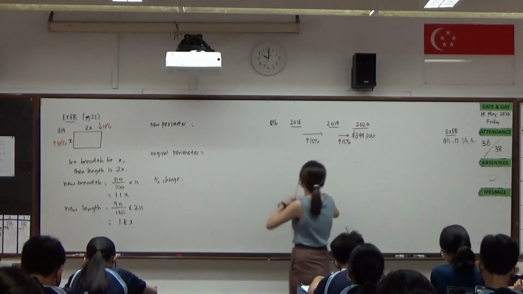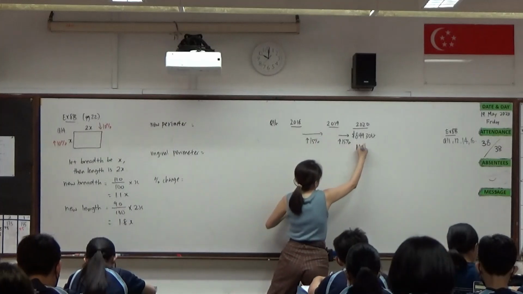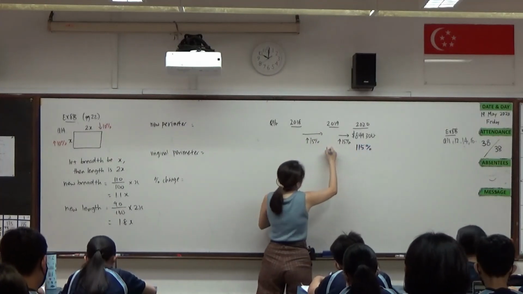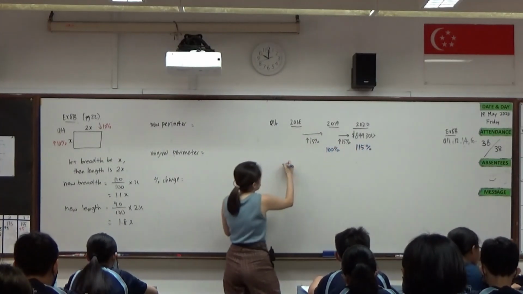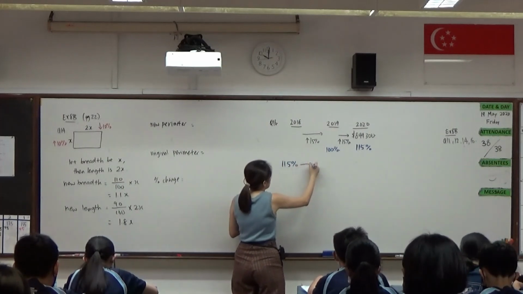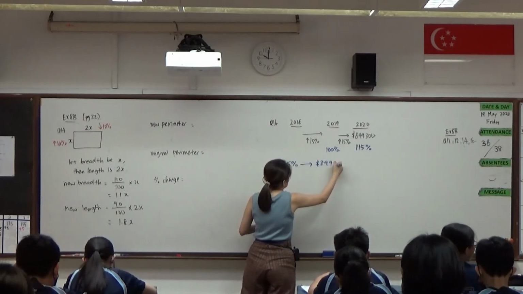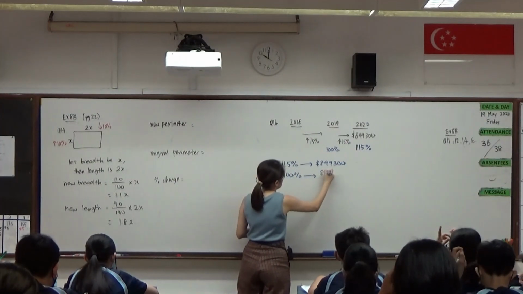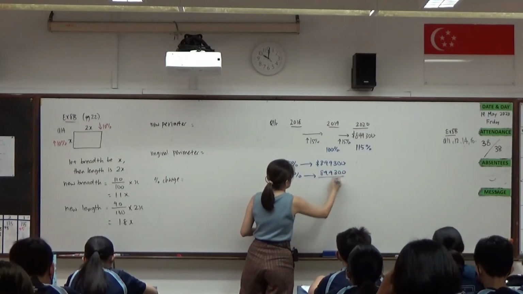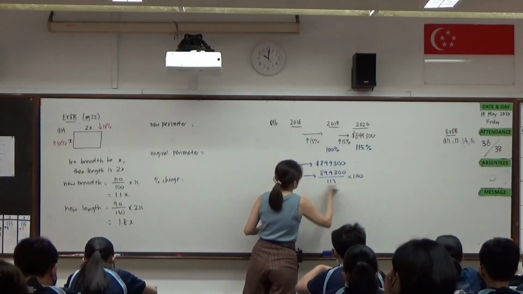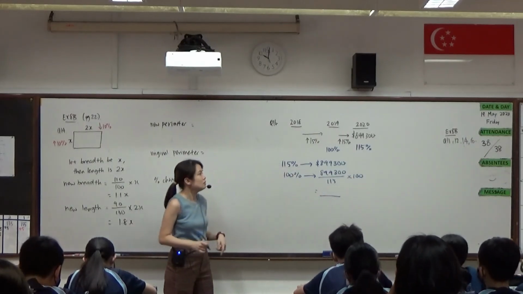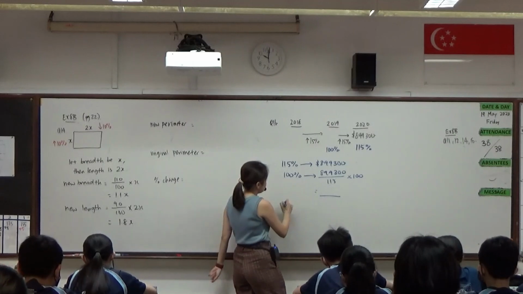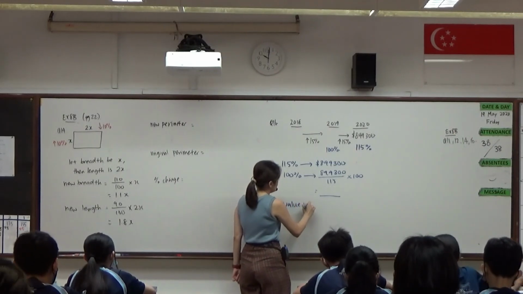So we do it in reverse. So this will have to be 115%, while this is 100%. Okay, find that value. So that this value will be the value in 2019.